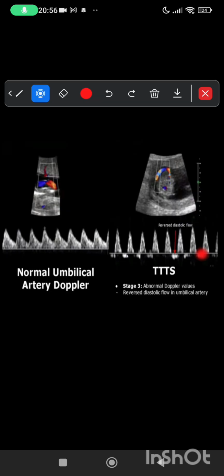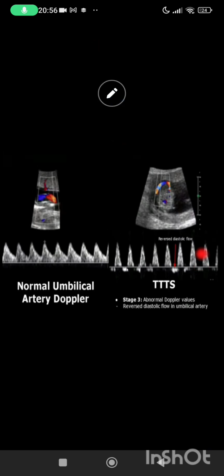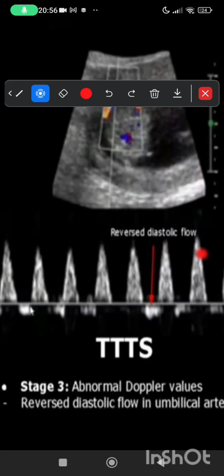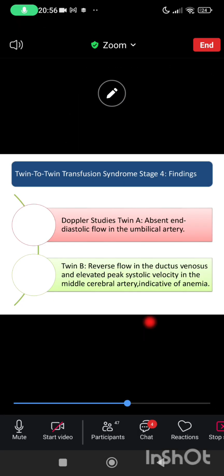Increased resistance. So when high resistance happens, the diastolic flow is either absent or reversed, as we can see here, absent, and here we can see a reverse pattern. And also the SD ratio becomes high.